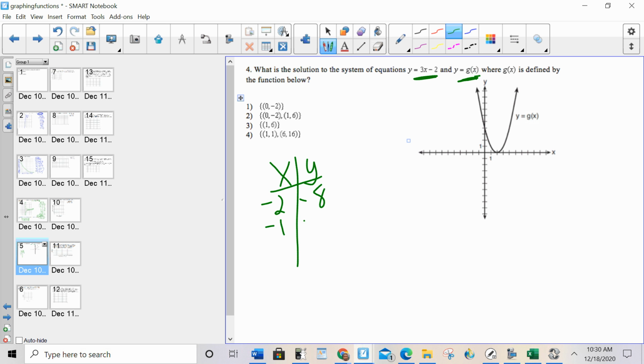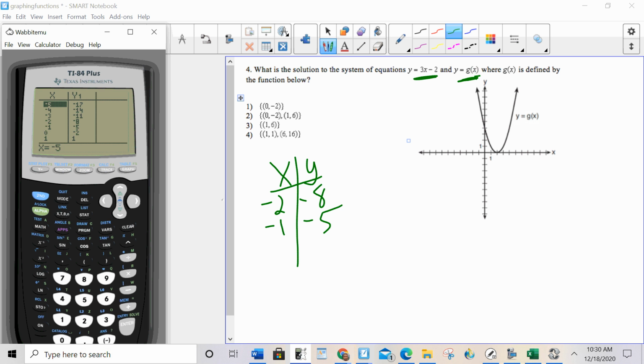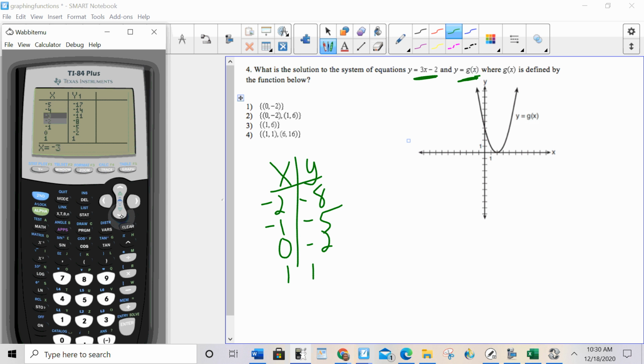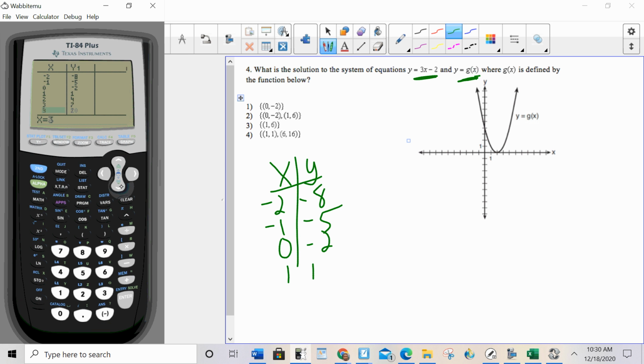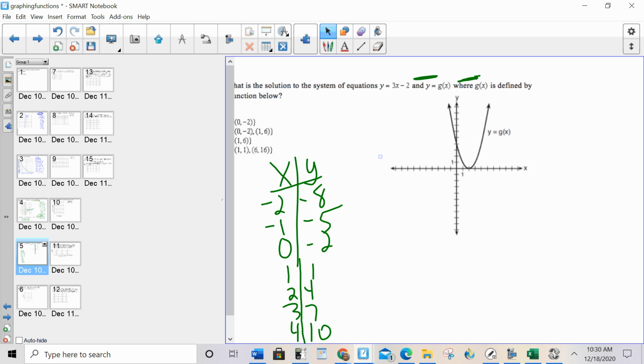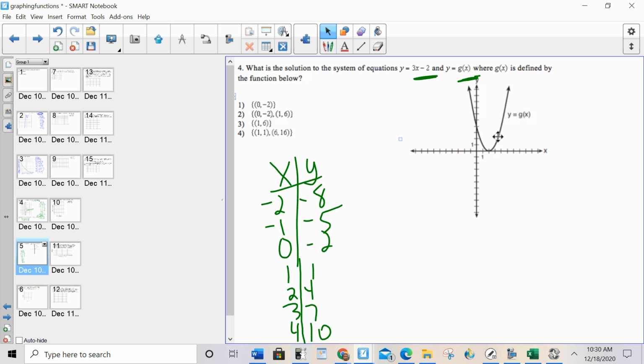I saw -1, -5. 0, -2. 1, 1. 2, 4, 3, 7. 4, 10. Now, you could have also graphed this line, since it's a line, using slope and y-intercept. But since we've been doing everything in the calculator, I figured it would make sense to stay consistent with that.